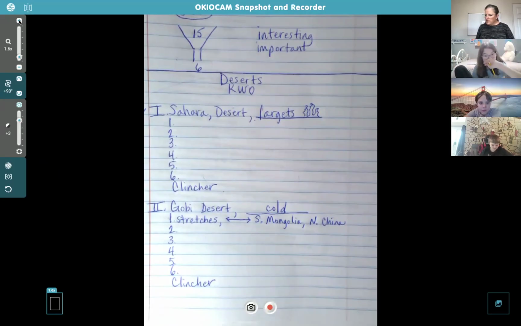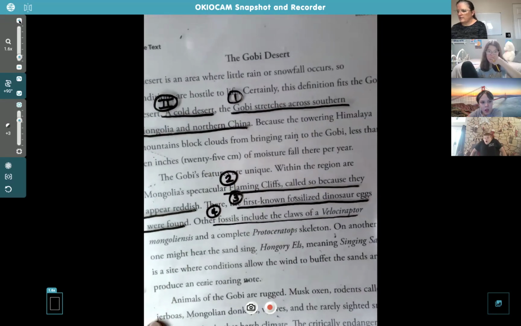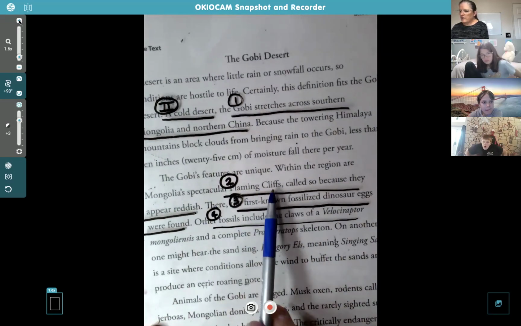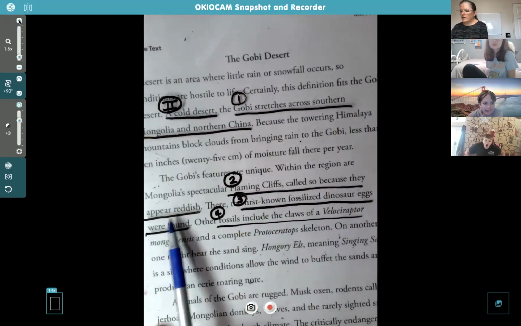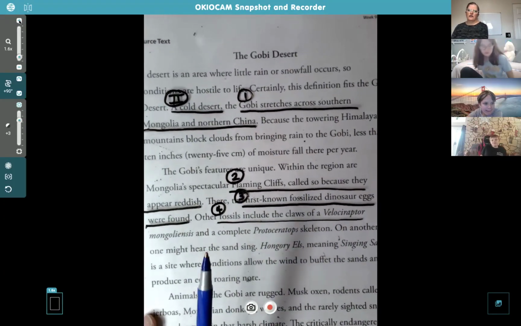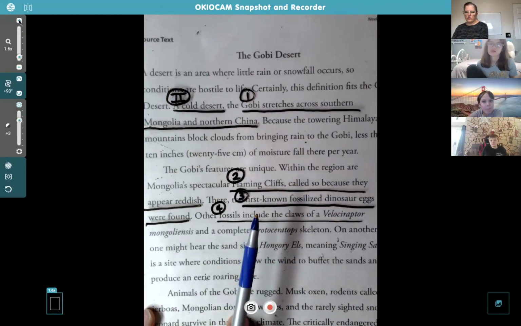Okay, Declan, what about the next one for number 2? On your article, we underlined flaming cliffs, called so because they appear reddish. How can we put that in 3 words on our outline?